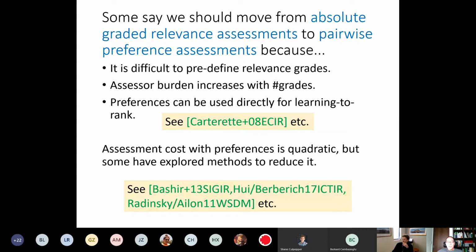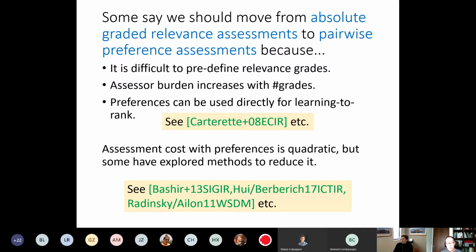And from a machine learning point of view, if you have document preferences as the gold data, of course, it can be used directly for pairwise learning to rank, and so on. These things were argued in the ECIR 2008 paper. And of course, if we want to talk about document pairs instead of individual documents, we need to worry about the assessment cost.